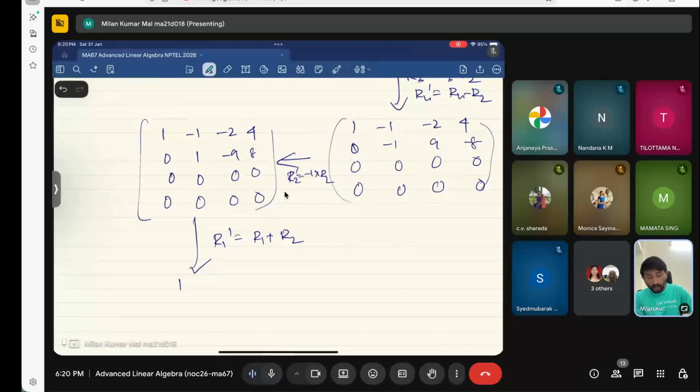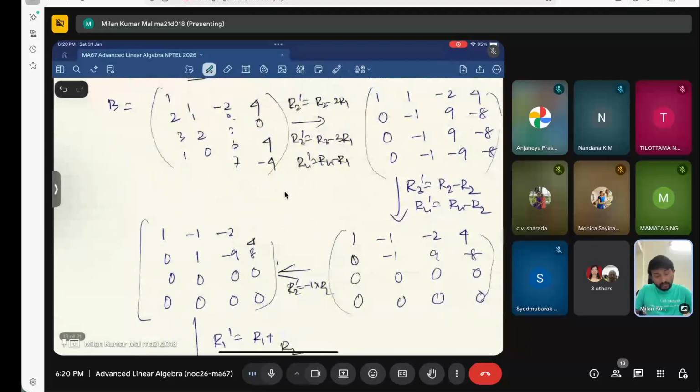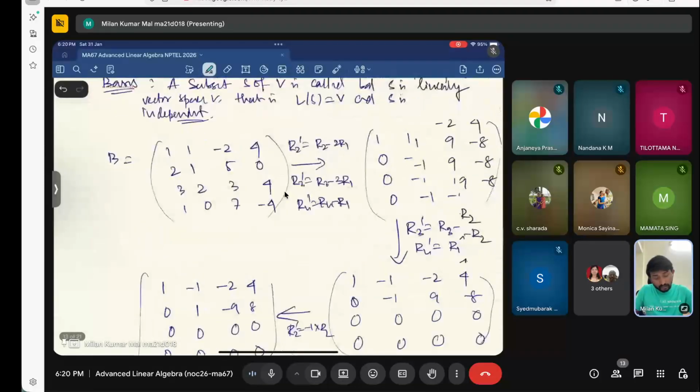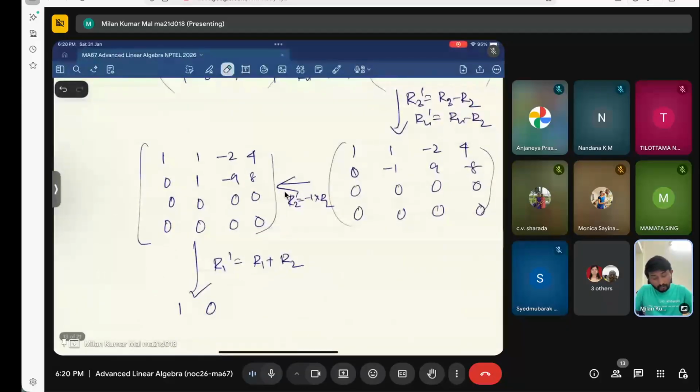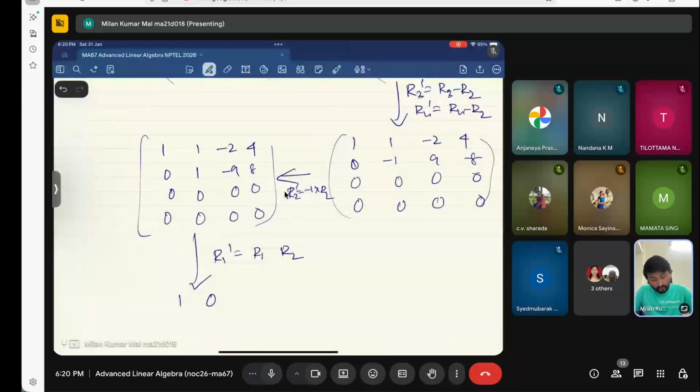Then 1 minus 1 plus 1, that is 0, minus 2 plus minus 9, if we add, then that will be... okay, I think I made a mistake. There is no 1 minus. So then I have to do R1 minus R2.